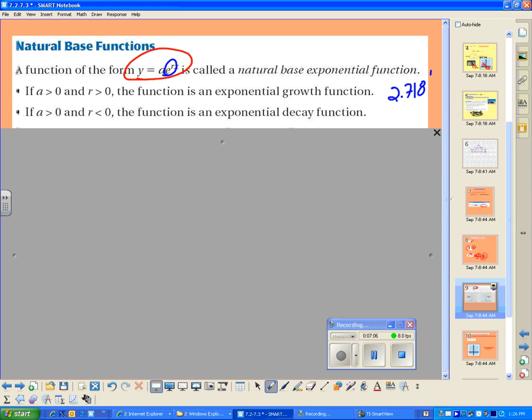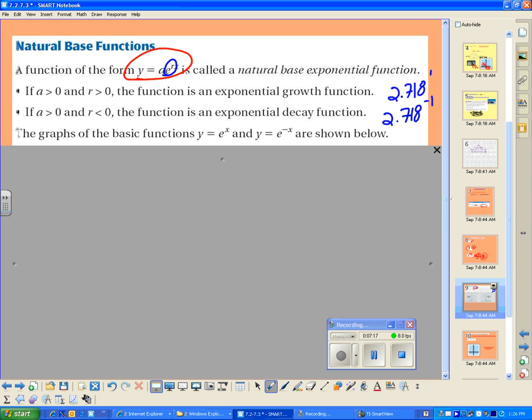A times b to the x. B is greater than 1 in this case, which makes it grow. If that r value is less than 0, like negative 1, remember what that negative exponent does. It makes it into a fraction. Now that number, that fraction, is in between 0 and 1, which makes it exponential decay.